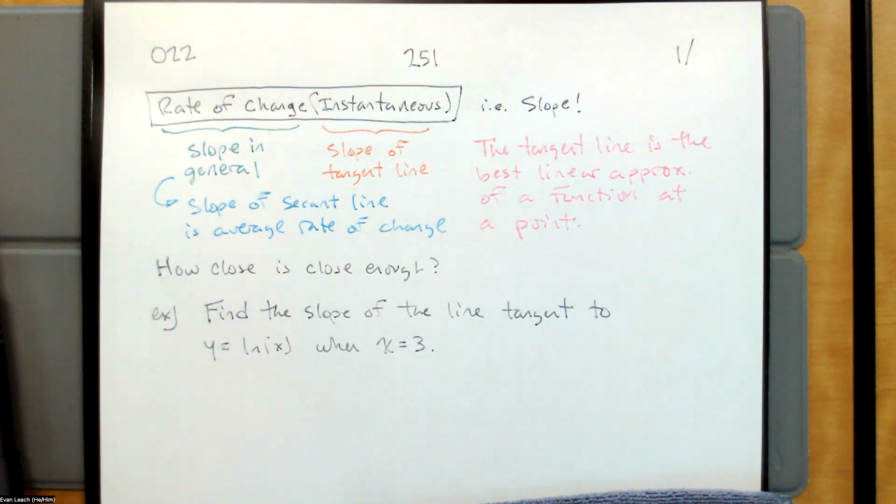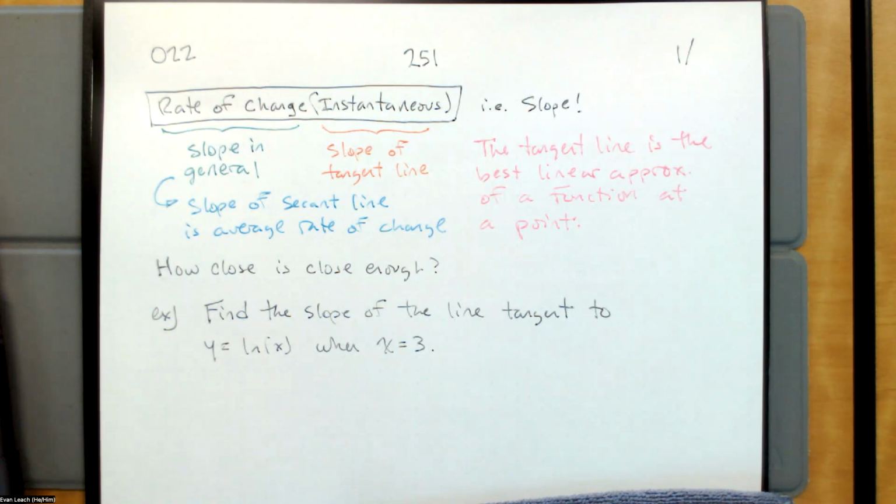We want to think of a tangent line as the best linear approximation of a function at a point. Lines have two characteristics. They go through a point and they go a particular direction. The tangent line, when we're putting it next to a function, goes through the same point and they're going in the same direction. So the tangent line matches the function in all the things that the tangent line can match.